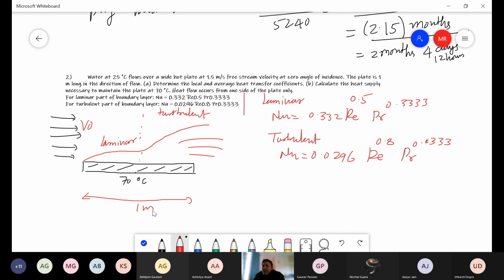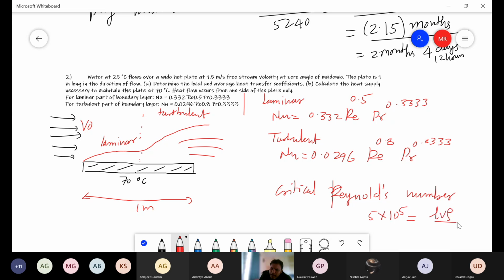Now what happens is, when a plate is subjected to a flow like this, the initial part of the boundary layer is always laminar, but as the distance from the leading edge increases, eventually the boundary layer becomes turbulent, isn't it? So typically the critical Reynolds number in this case is 5 into 10 raised to the power 5, and that is calculated as L V rho by mu.